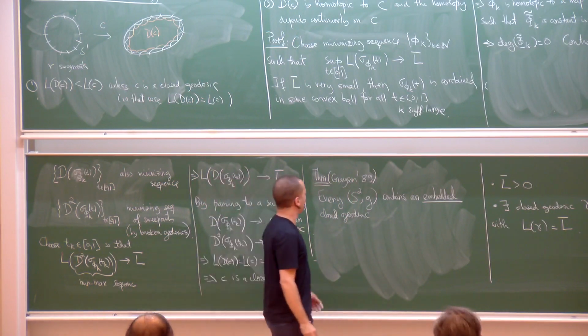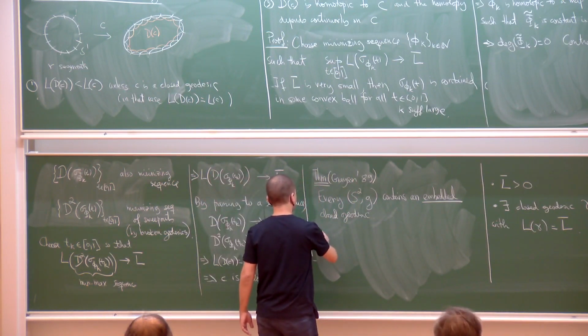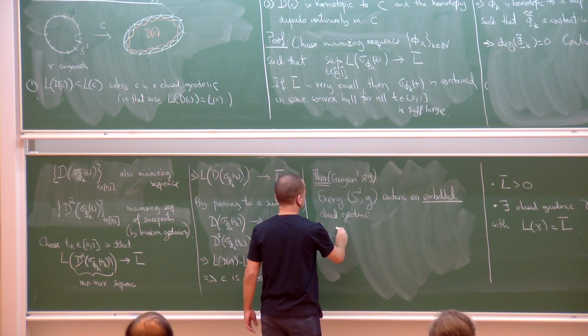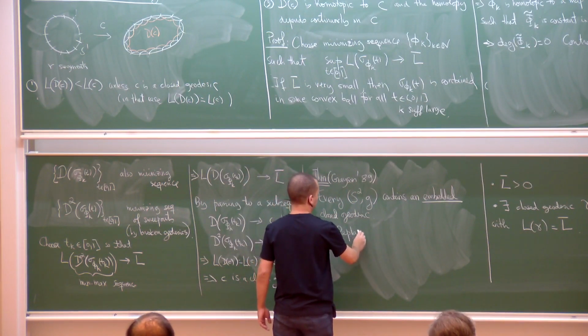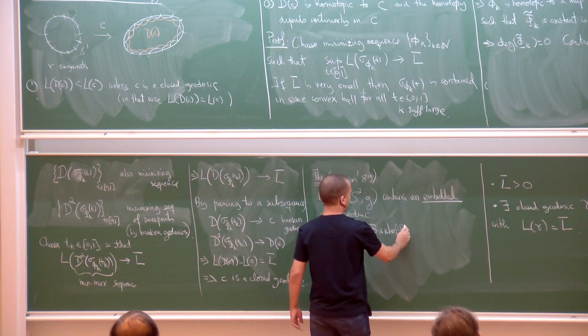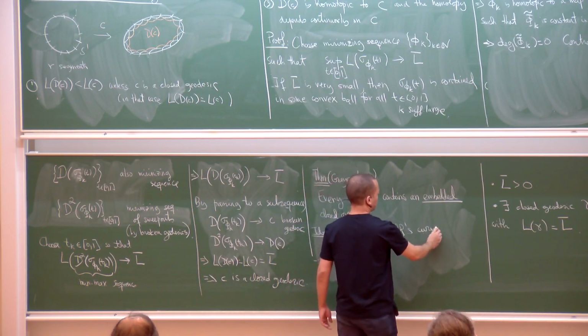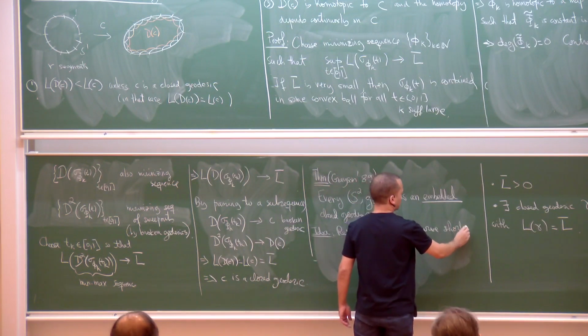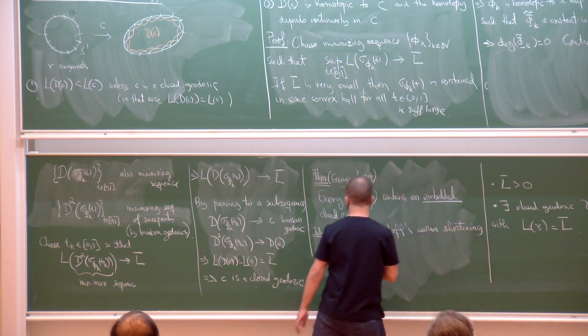Okay. So the idea here is just to replace Birkhoff's curve shortening map by the parabolic curve shortening.